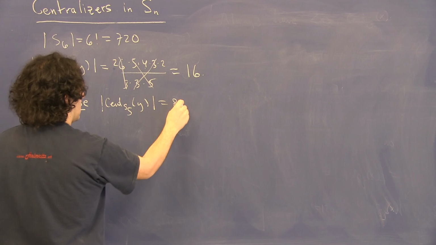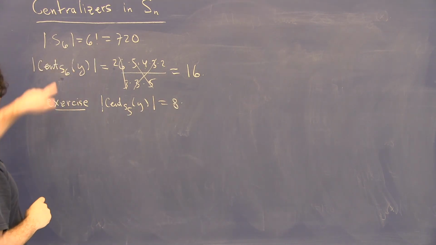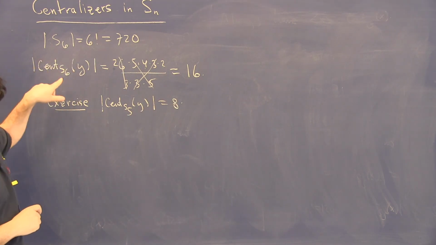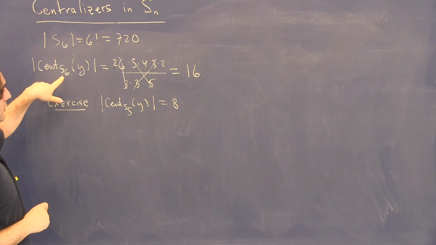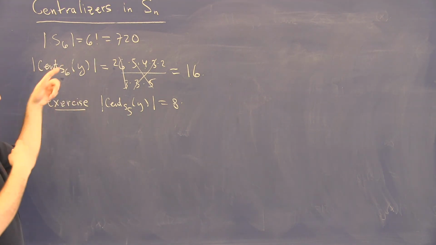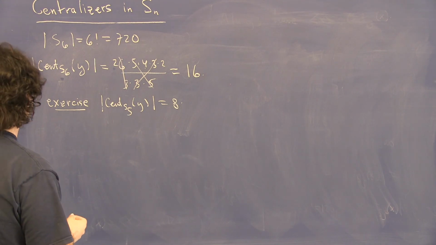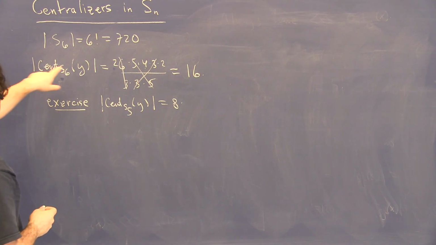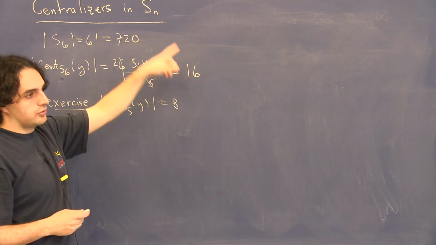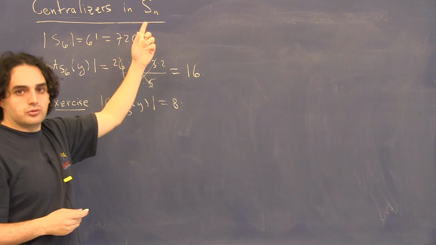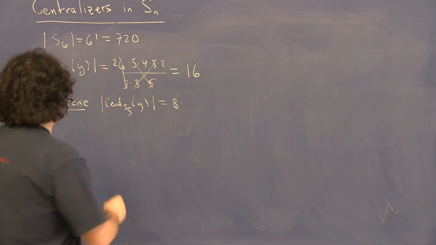This only has 8 elements. So it's important to specify in which group we take the centralizer, especially when we have an element that makes sense in several groups at the same time. Good. But so now we have 16 elements in the centralizer, and so far we've found only 2. So we have a long way to go.